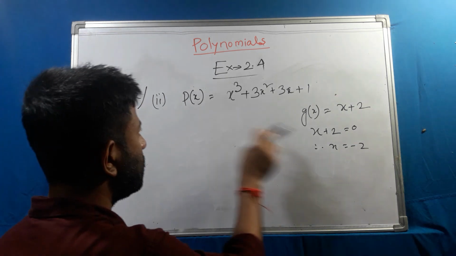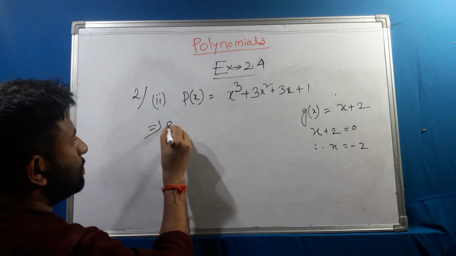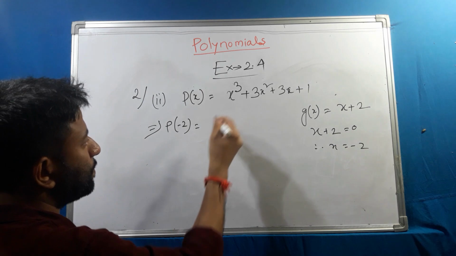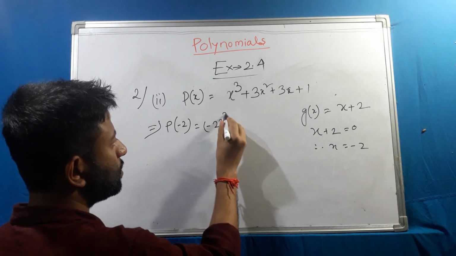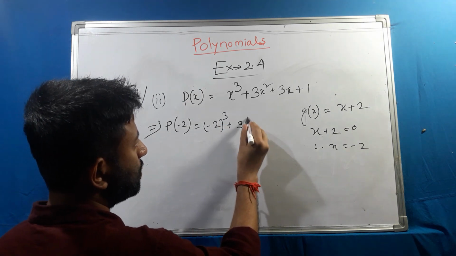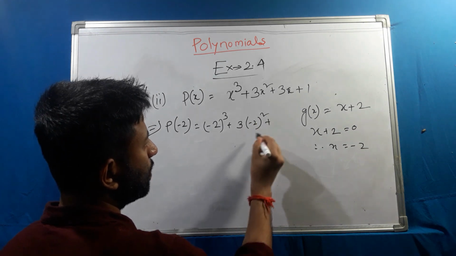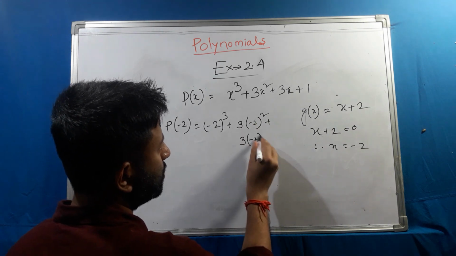Now I'm putting this value here. So p of minus 2 will be minus 2 cube plus 3 into minus 2 square plus 3 into minus 2 plus 1.